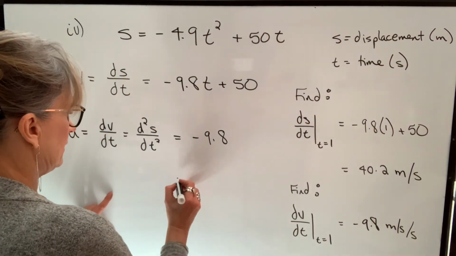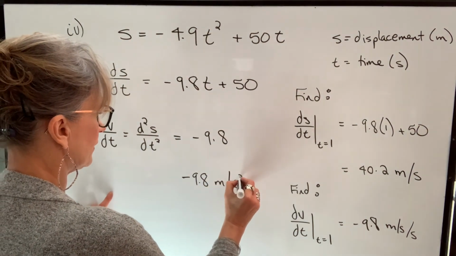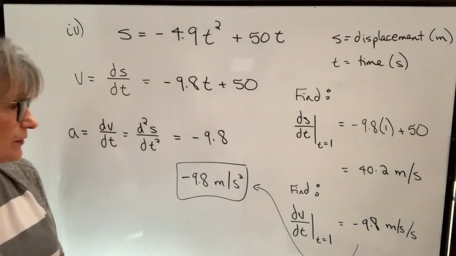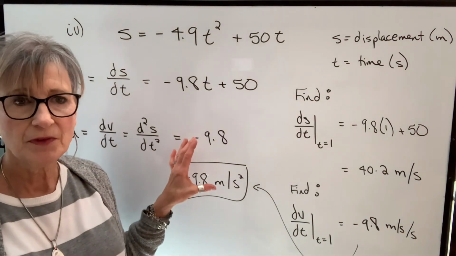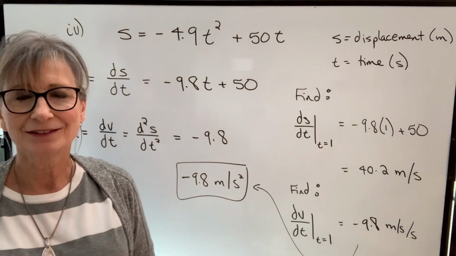So that would be negative 9.8 meters per second squared. So when you see an acceleration question and you know the unit, you're asked to evaluate it at a specific time, it should include units similar to that.